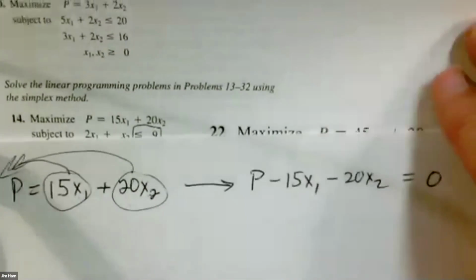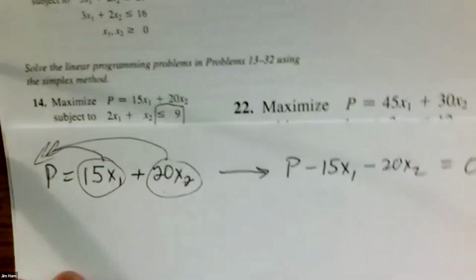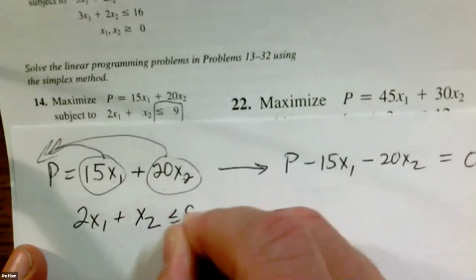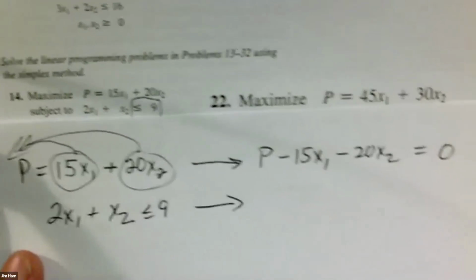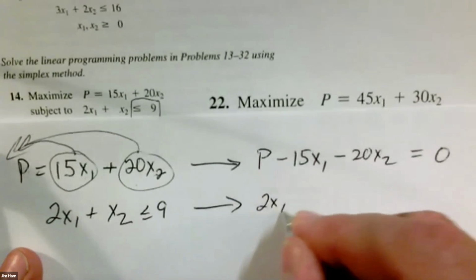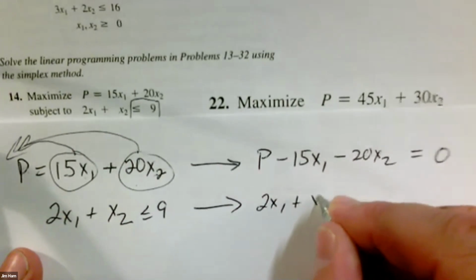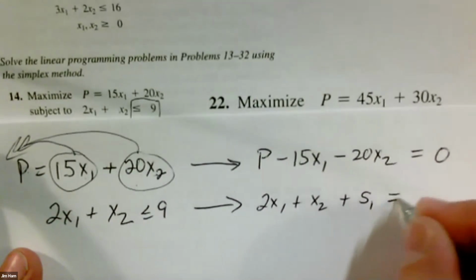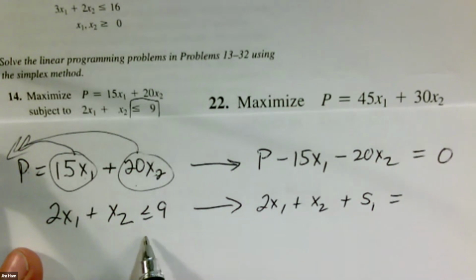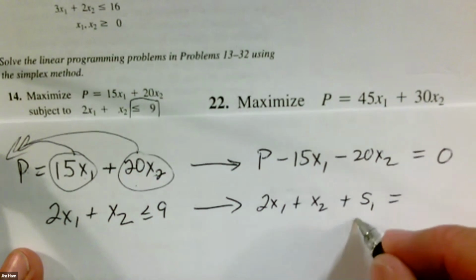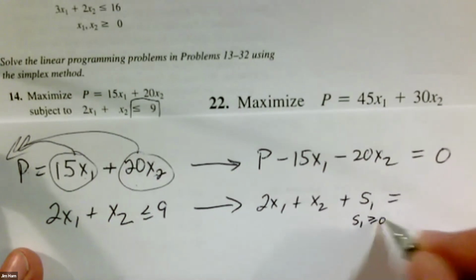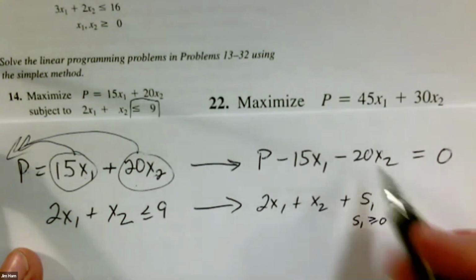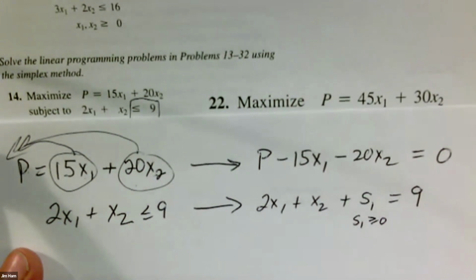The next one, we have 2x1 plus x2 is less than or equal to 9. So the way we're going to rewrite that one is 2x1 plus 1x2. And here's where we introduce the slack variables. So if 2x1 plus x2 is less than or equal to 9, then we have some non-negative number s1, for which if we add s1 to this expression, we get something equal to 9.